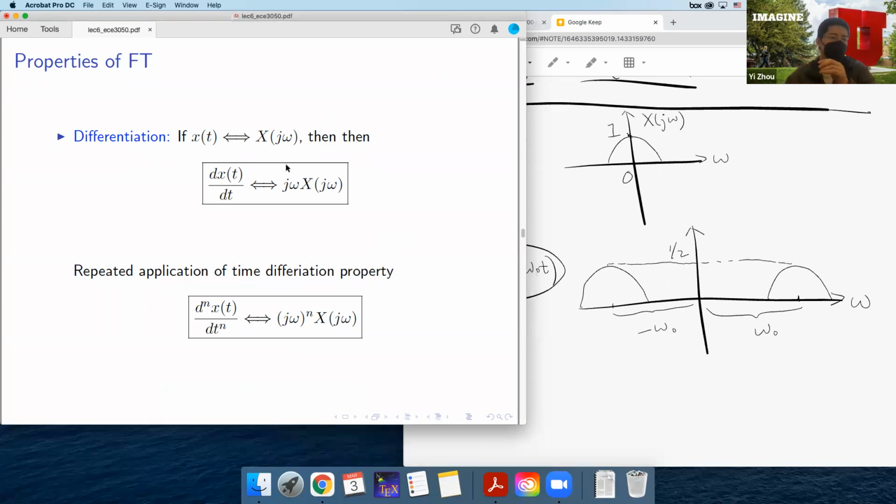We just take the original spectrum and multiply it by some constant, j omega to the power of n. So this is why later on we will use the Fourier transform to analyze differential equations, partial differential equations. Due to this property, in the frequency domain, differentiation is very, very simple. It simply becomes multiplication.